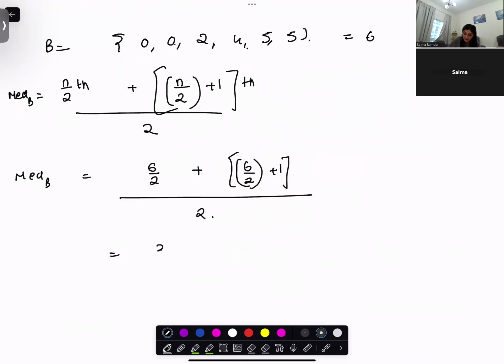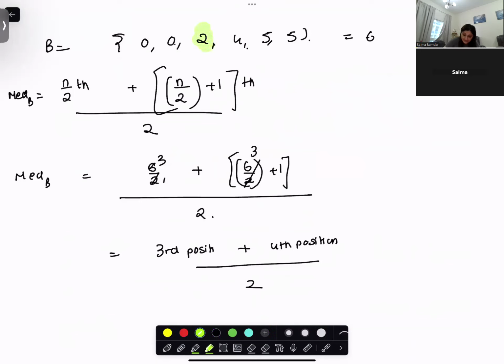So the value of the third position and the value of the 3 plus 1, fourth position, the value of the data in the third place and the fourth place, divided by 2. Now, what is the value of my data in the third place? It is 2, and the value of the data in the fourth place is 4.